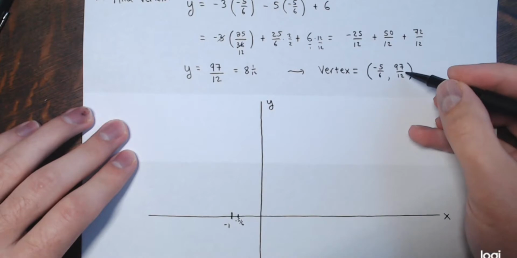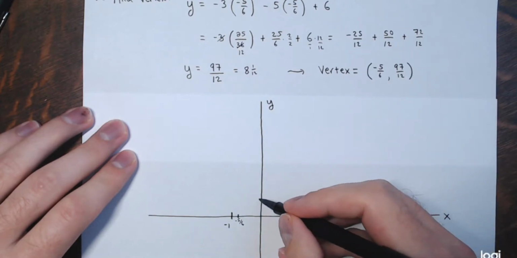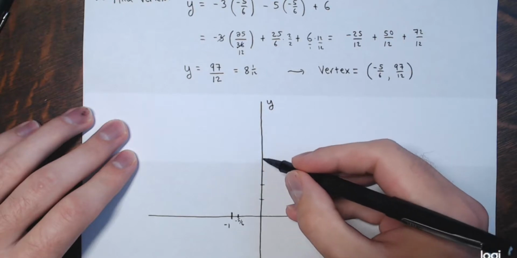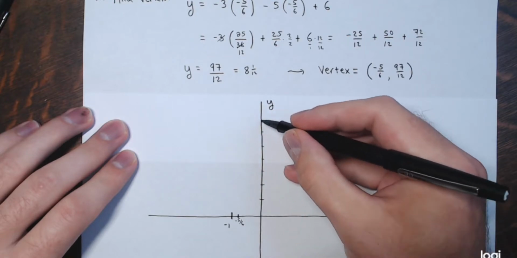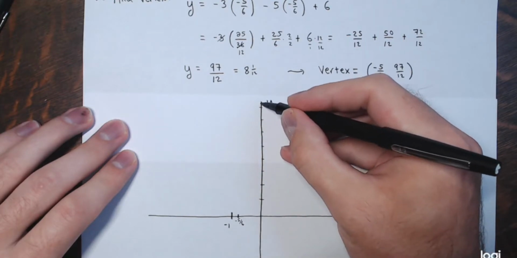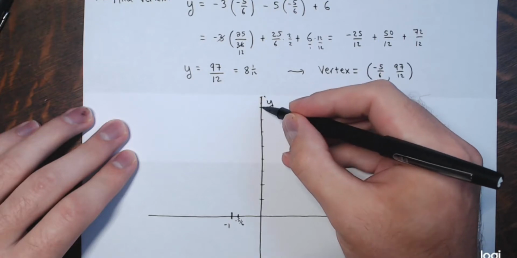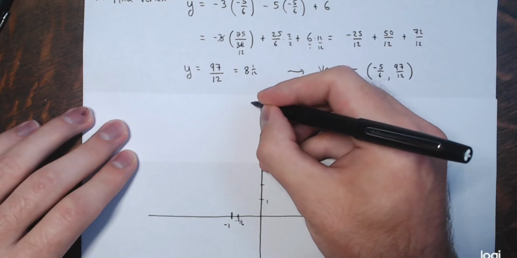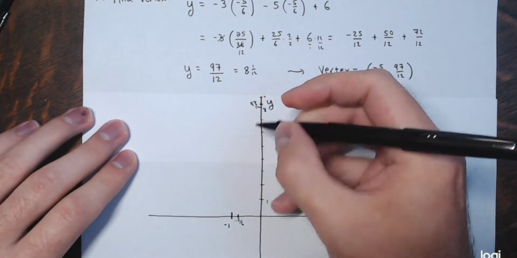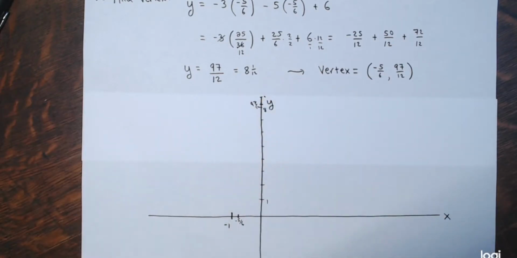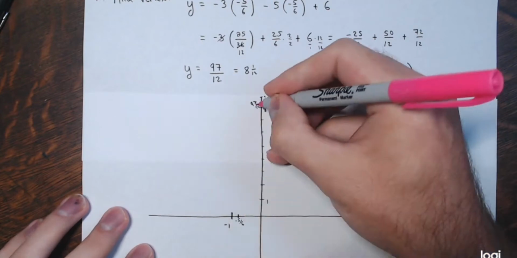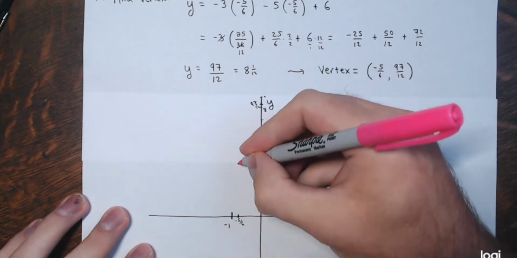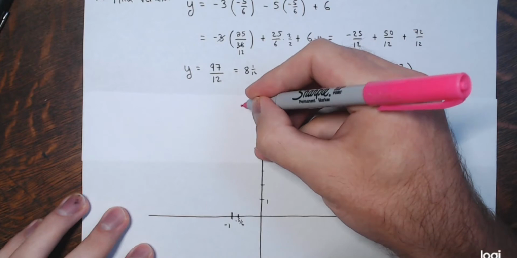And then I said 97 twelfths, that's 8 and 1/12. So 1, 2, 3, 4, 5, 6, 7, 8, 9. There's 8, here's 8 and 1/12, 97 twelfths. So the vertex we're looking for is here: negative 5 sixths, 97 twelfths.